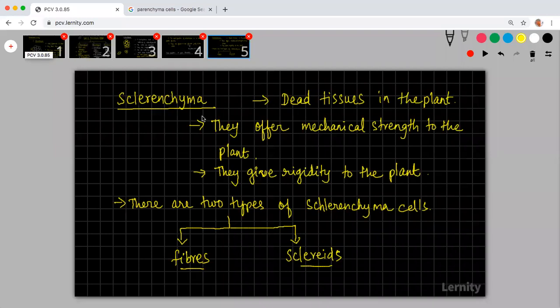What is the spelling for sclerenchyma? I have given it, no? It is there in the heading. That is the proper spelling. Okay. This is wrong.